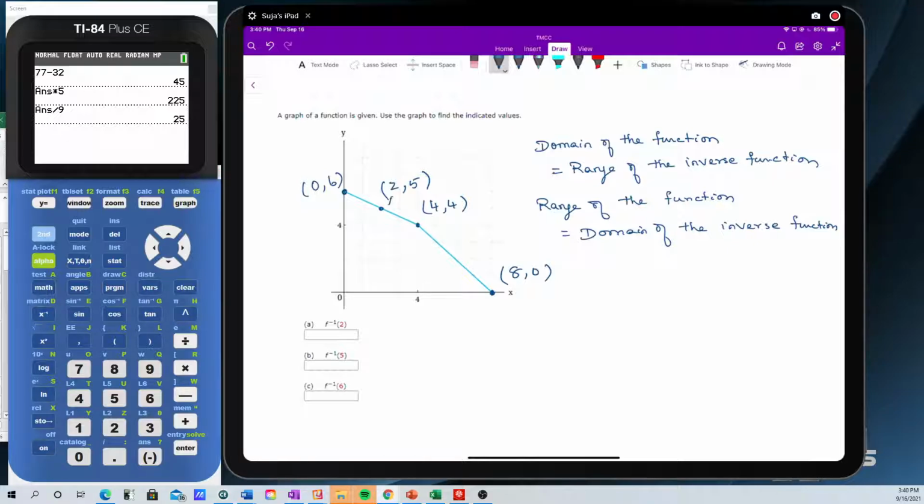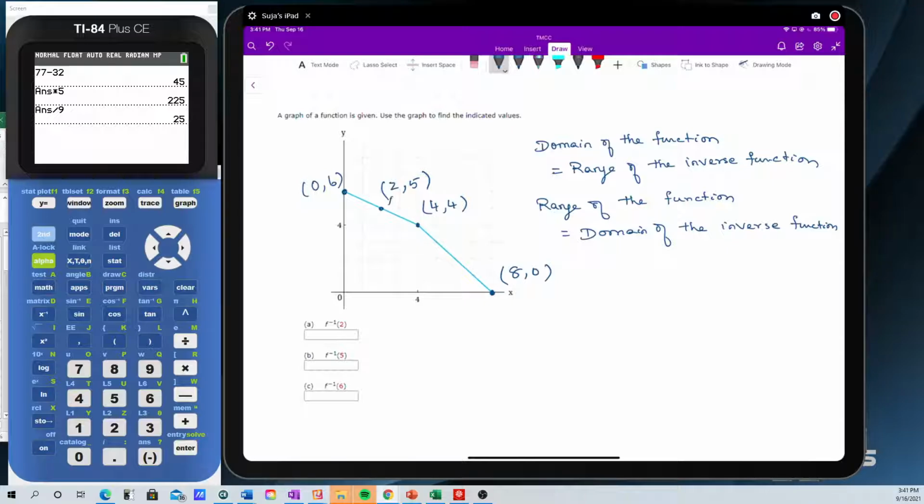Okay, so the question is asking me to find what f inverse of 2 is. In order to find that, I will have to look for where the graph is at 2, right?